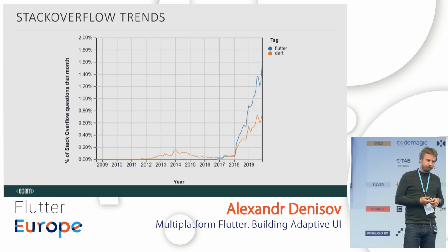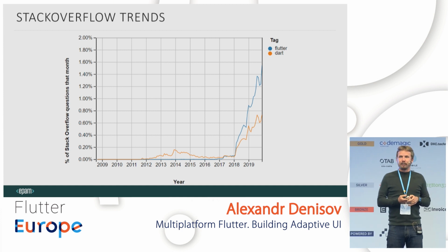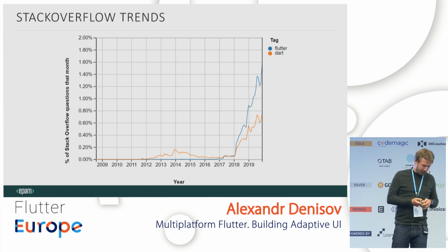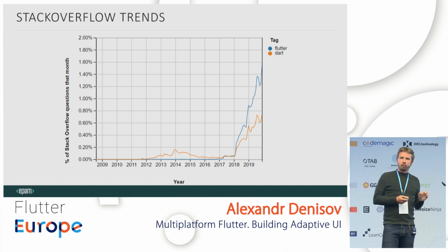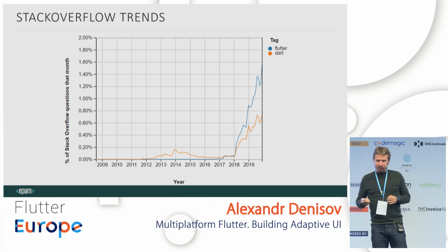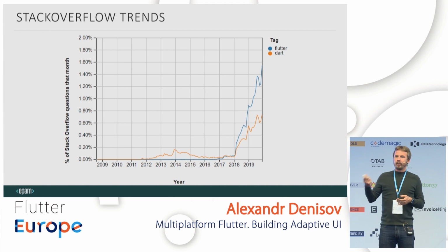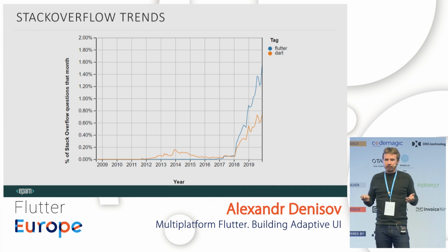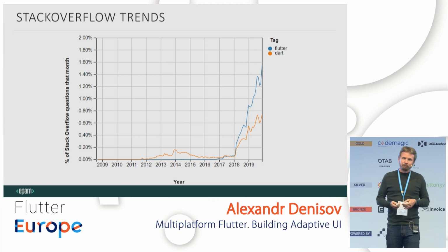Take a look at this graph. I took it from StackOverflow, and I heard one idea that graphs from StackOverflow don't show the real situation, but the number of issues only. But come on, this is not true. More popularity brings more questions, and I guess we can trust these graphs.